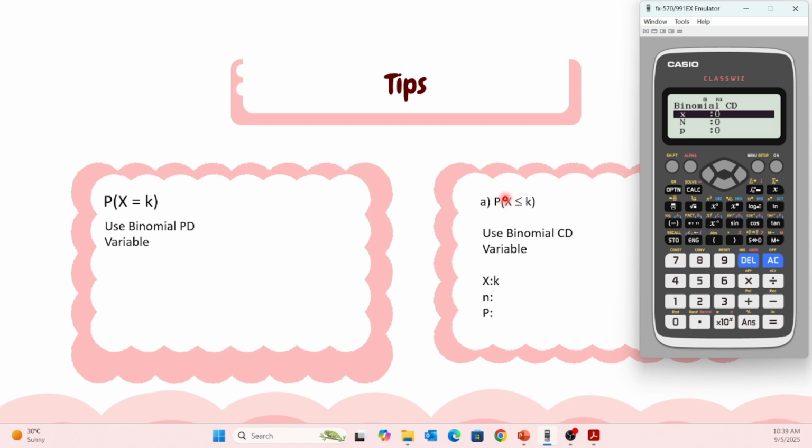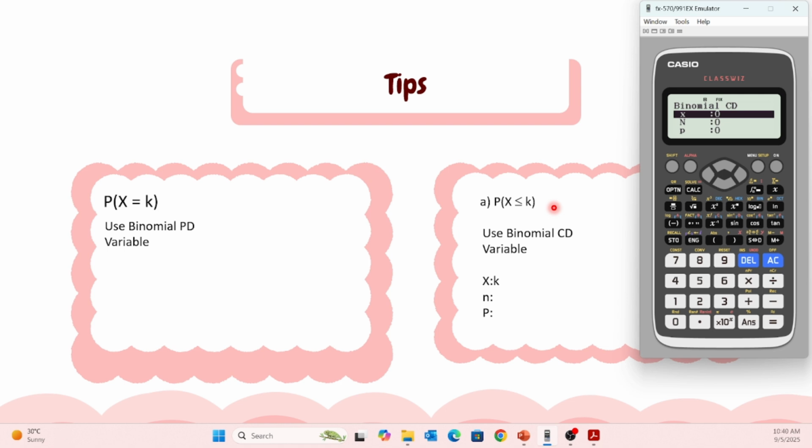That's why you can find the probability of X less than or equal to K directly. Key in the K value, number of tries, and probability of success. If you want the probability of X greater than or equal to K, which is a right tail area, then you need to subtract from 1.